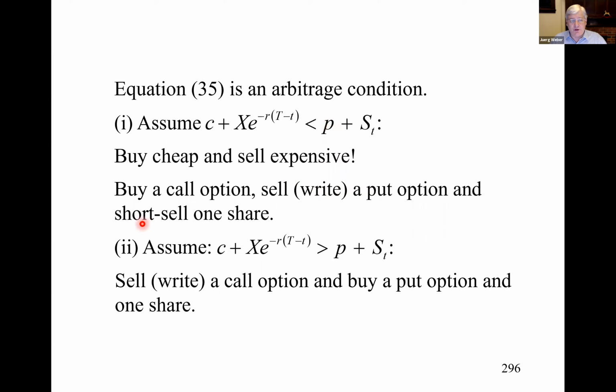Okay, maybe you don't have it, so short sell it. So that's on the left side, that's cheap, buy a call option. On the right side, that's expensive, sell a put option, which means write a put option, and short sell a share, or just sell it if you have it.